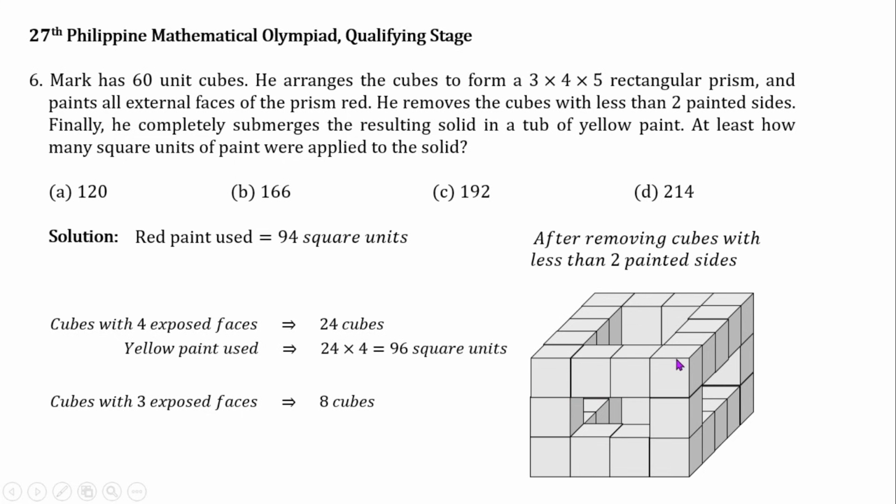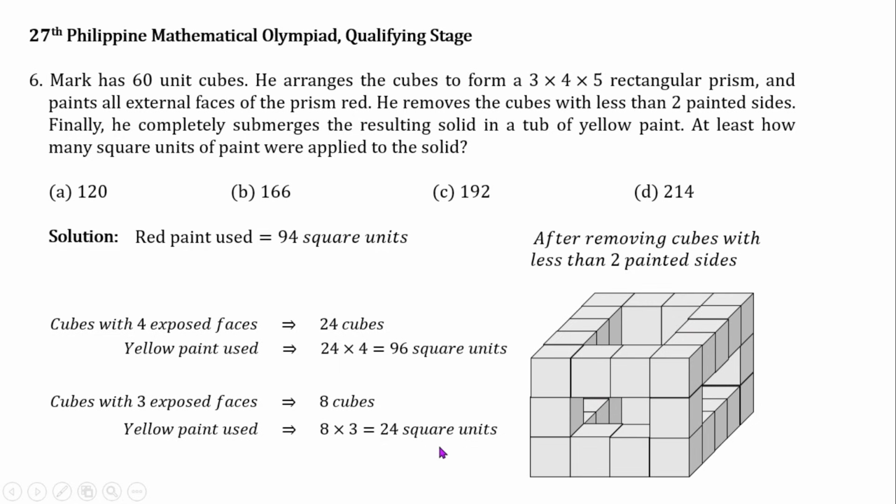So there are 8 of them. In the front there are 4, in the back there are also 4, so that brings to a total of 8 cubes. Now, for each of these 8 cubes, 3 square units of yellow paint can be used. So we have a total of 8 times 3, or 24 square units of yellow paint for the 8 cubes.